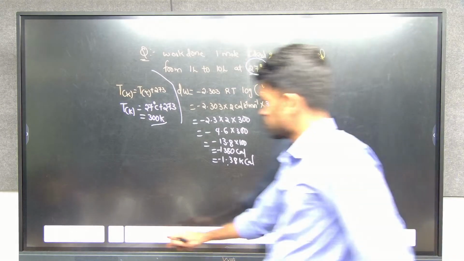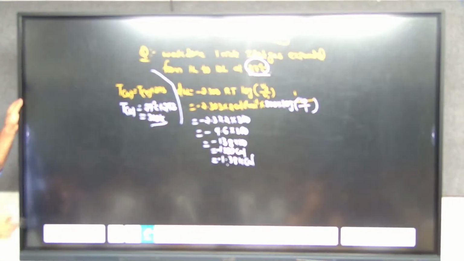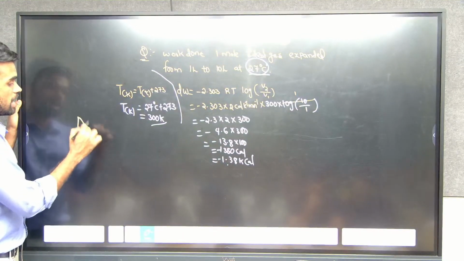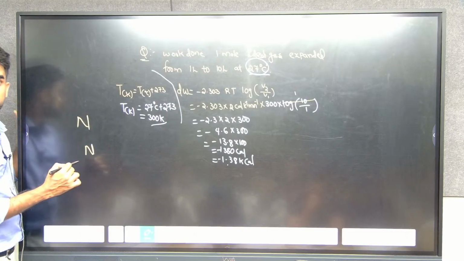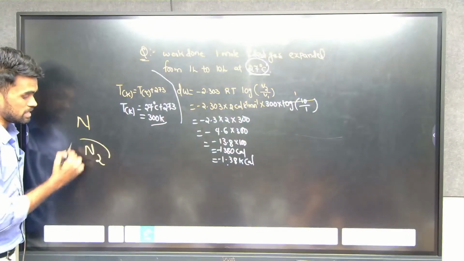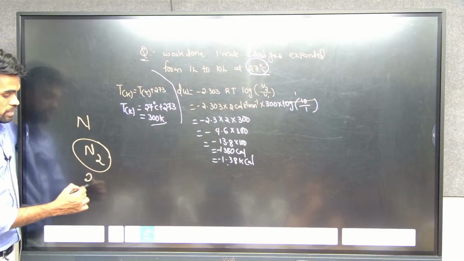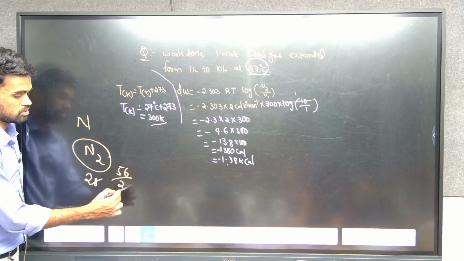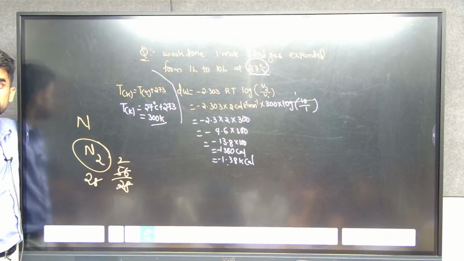Nitrogen, I told you. What should you consider, nitrogen atom or nitrogen gas? N2. So what is its molecular weight? 28. 56 by 28, so 2 moles you should take.